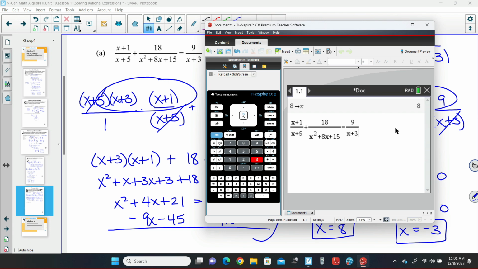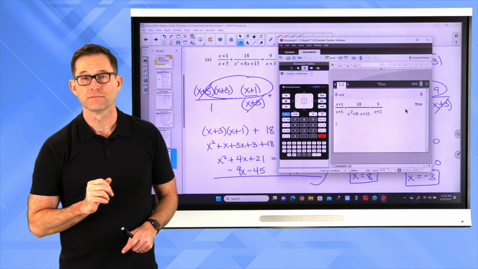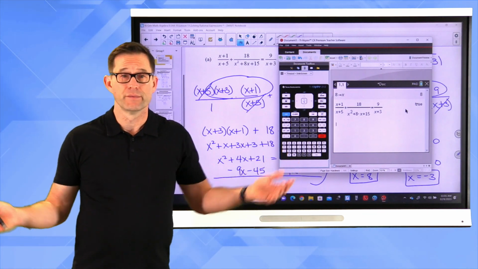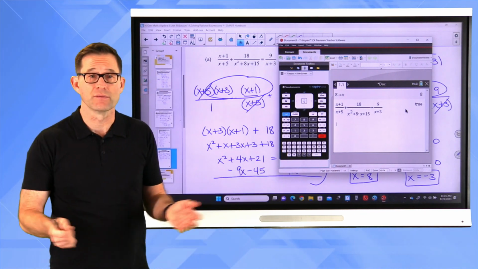So this is for our solution of x equals 8. And the calculator says true. Awesome. Right? X equals 8 is the solution.